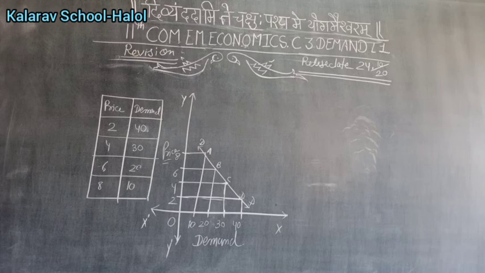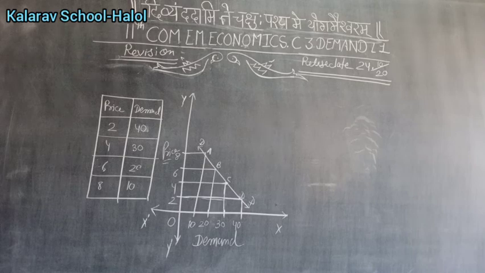Next is price elasticity of demand. Elasticity means when due to a change in income or any other reason, demand becomes more or less, meaning demand has stretched, then that is called price elasticity of demand. Price elasticity of demand shows the proportion by which demand changes with a change in price.